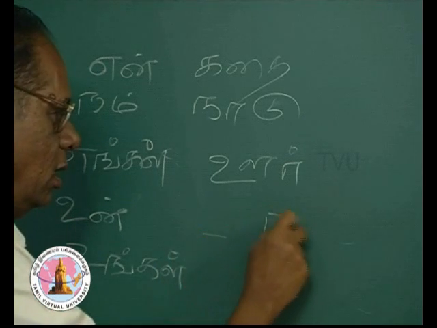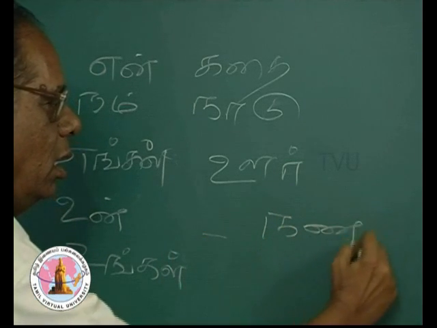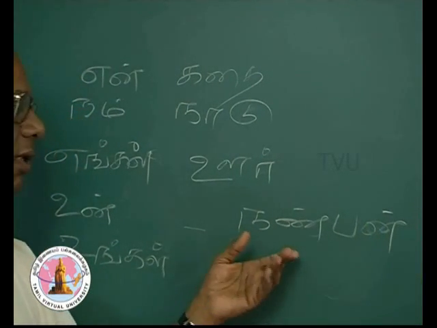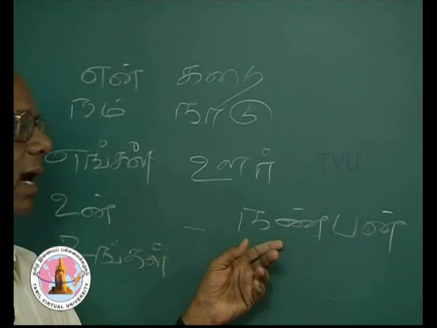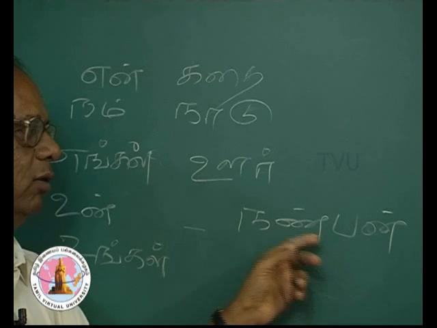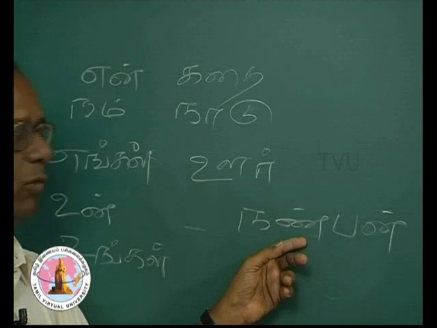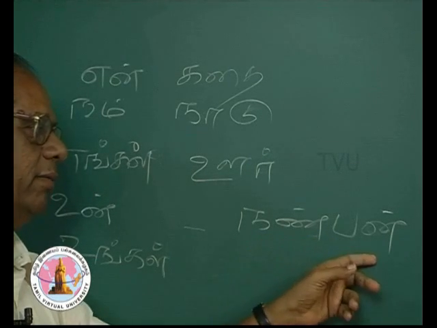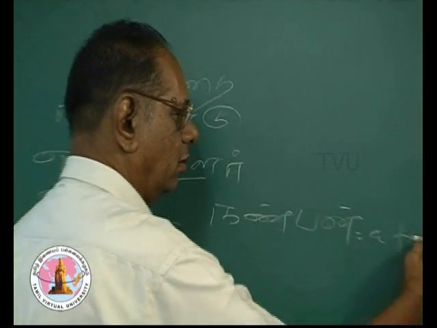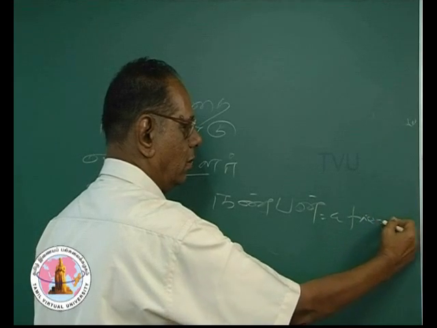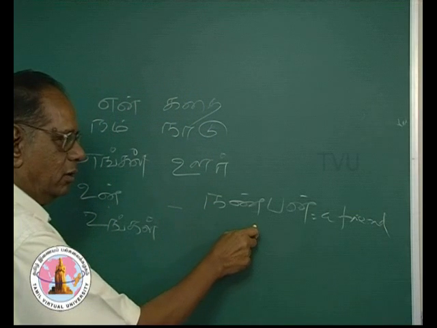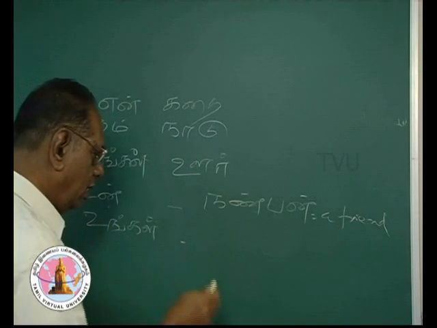Un, do you know this word? Have you come across? Nanban. Nanban. Here you have a palatal one. Nanban, a friend. Un nanban, your friend.